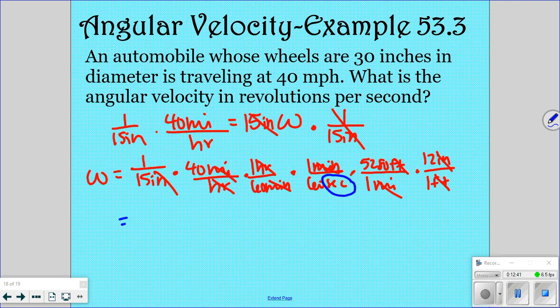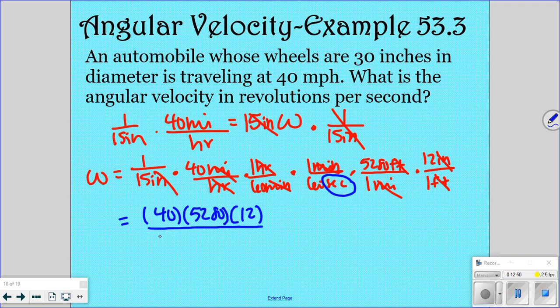So if you look, we have 40, 5,280, 12, 15, 60, and 60. But our units are only per second.